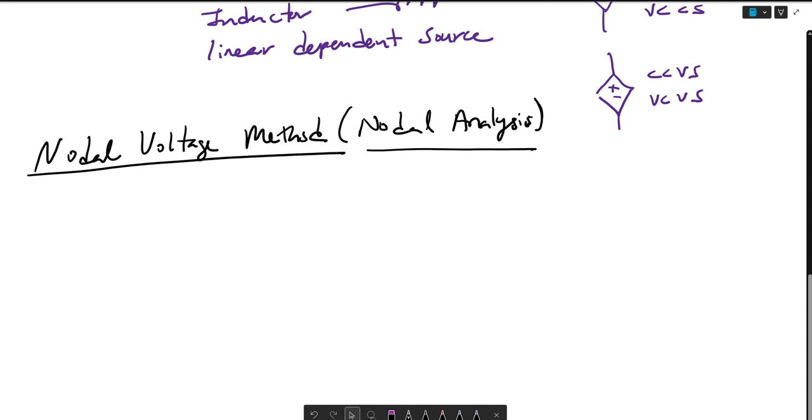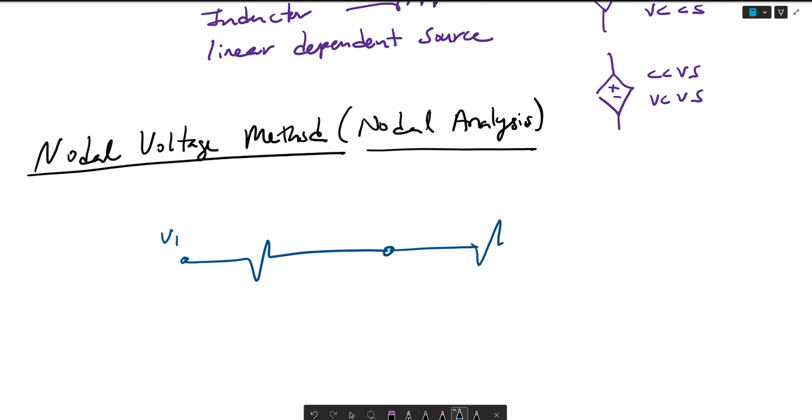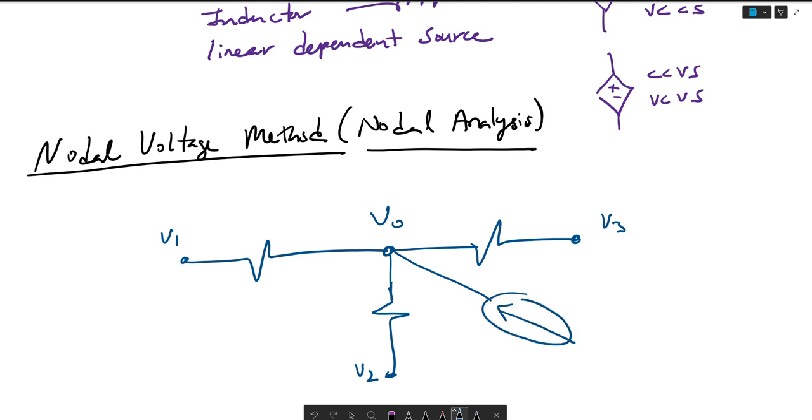The key principle of nodal analysis is, if you have V1 going into a node, and this is V3, let's say this is VO, this goes down to V2, and this is connected here to a V4.